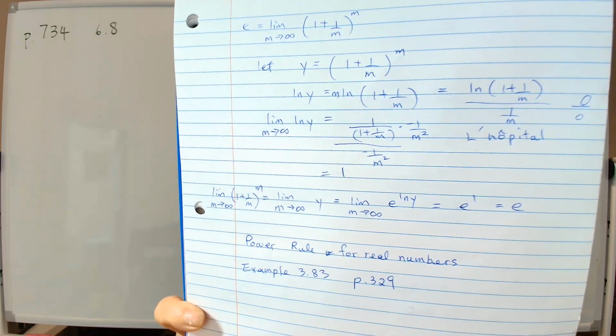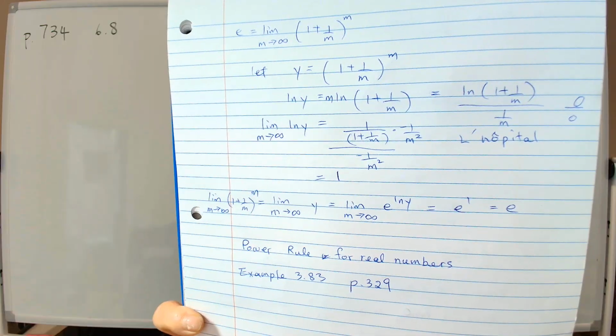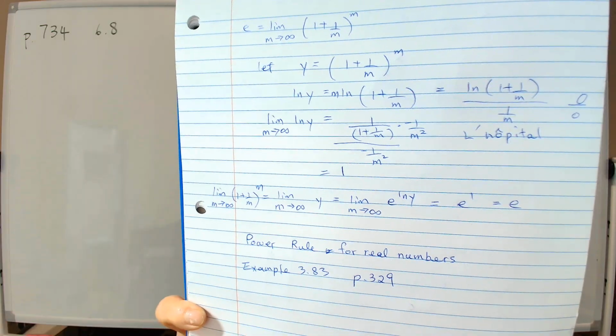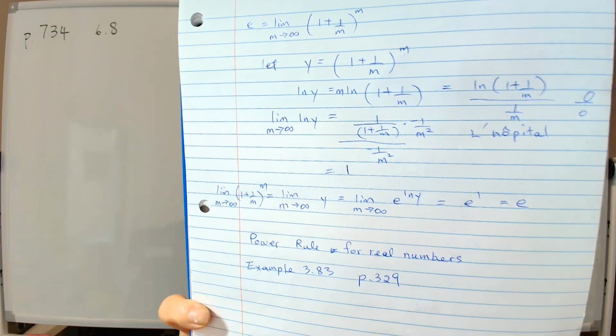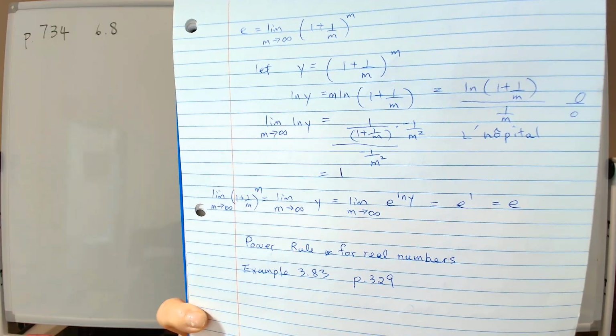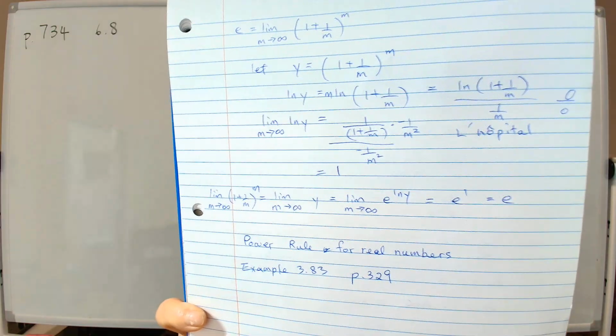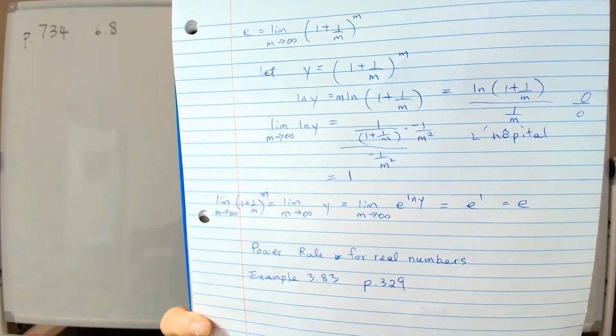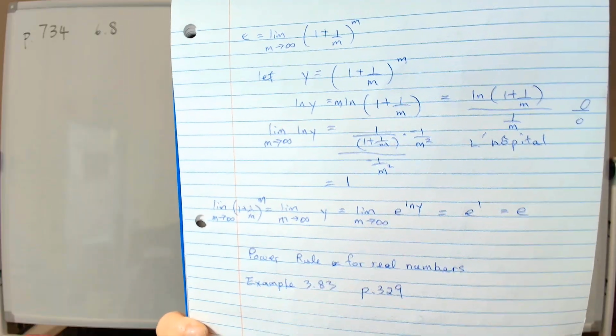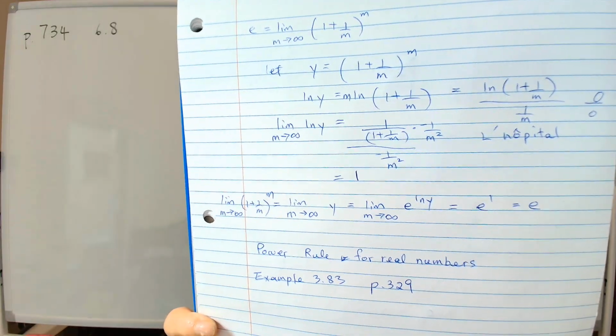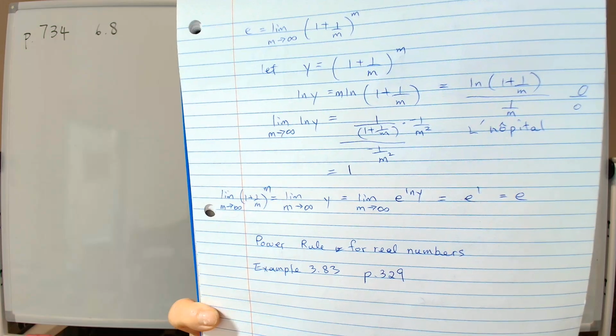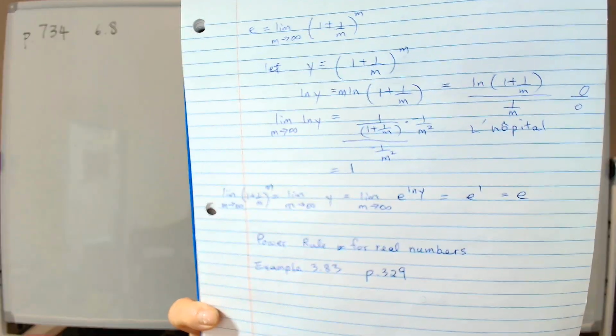So you pull off one more trick: you move the m to the bottom of the division line. It becomes 1 over m if you push it down there. So now you have a 0 over 0 situation for L'Hopital's rule, which means you're allowed to apply L'Hopital's rule and take the derivative.